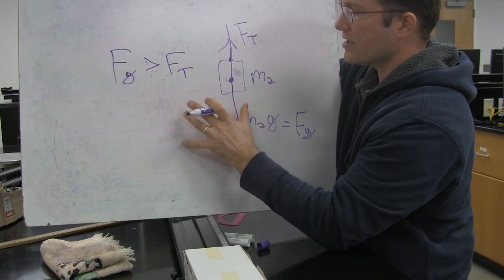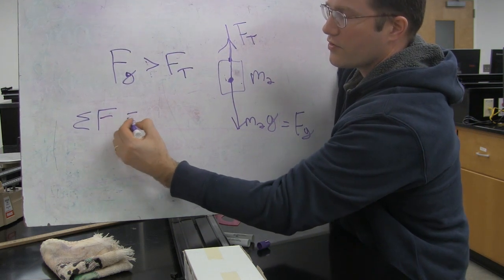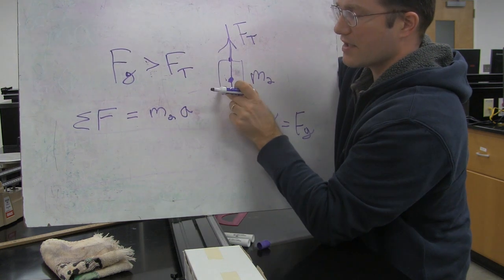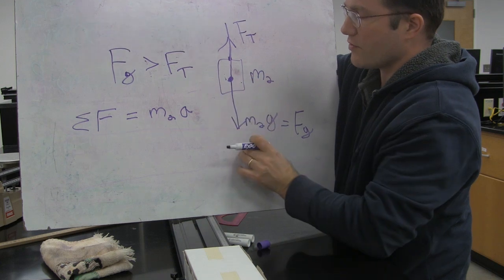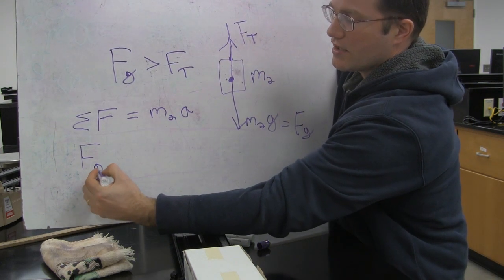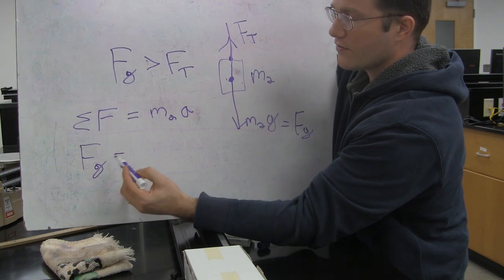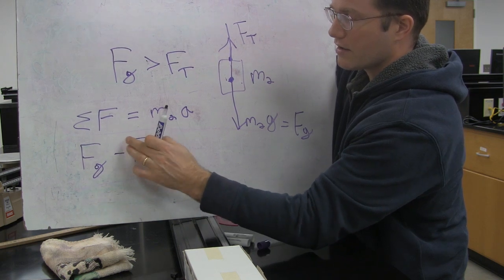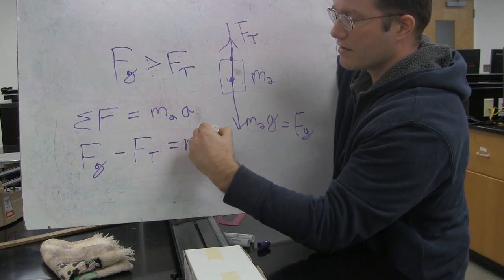So let's look at our sum of forces, which of course is equal to m2 times a. Our sum of forces is the gravitational force, m2g, minus the force of tension, is equal to m2a.